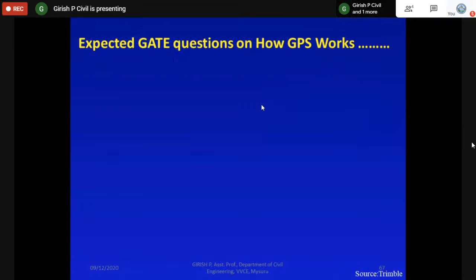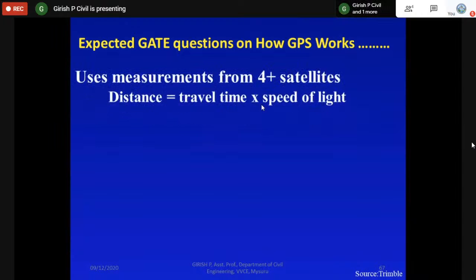Most of the time, the expected question is how GPS works. Even though we say 24 constellation satellites for satisfactory working of GPS, the measurement works from 4+ satellites.